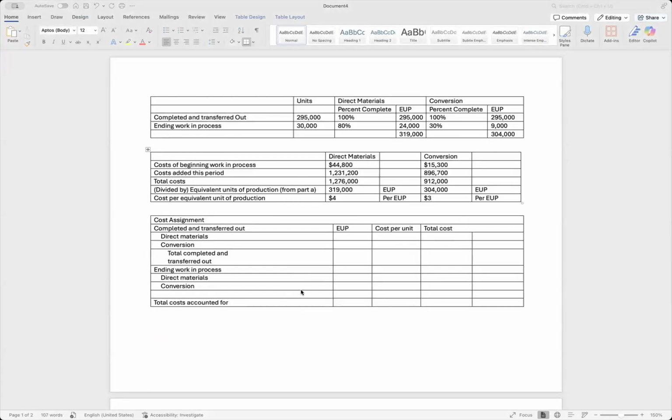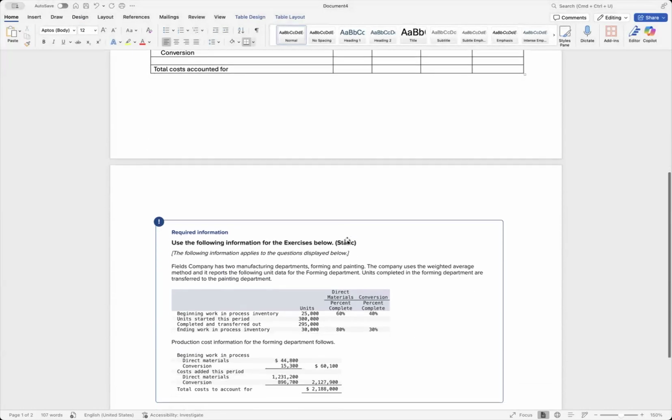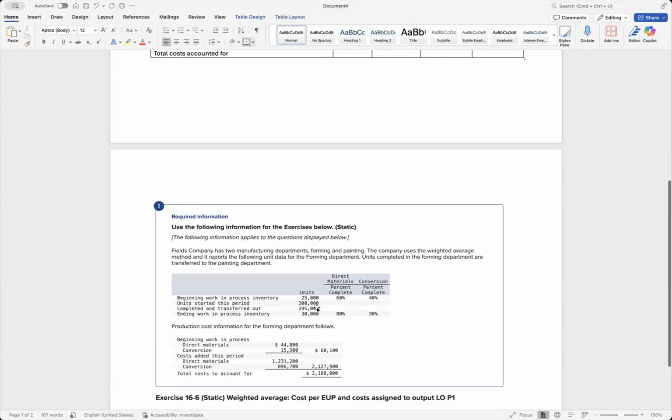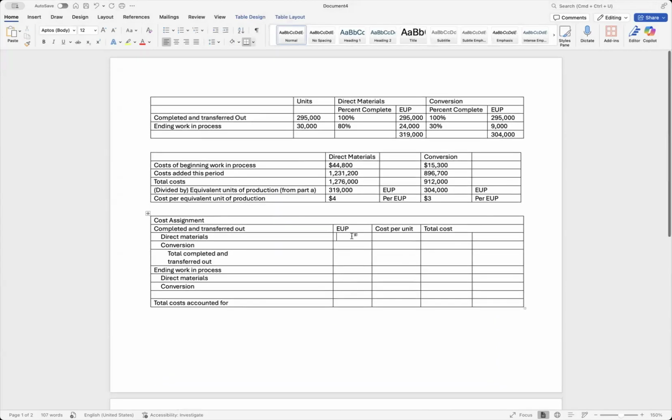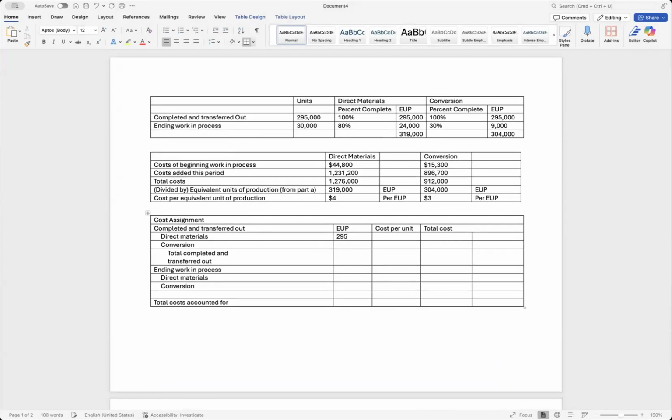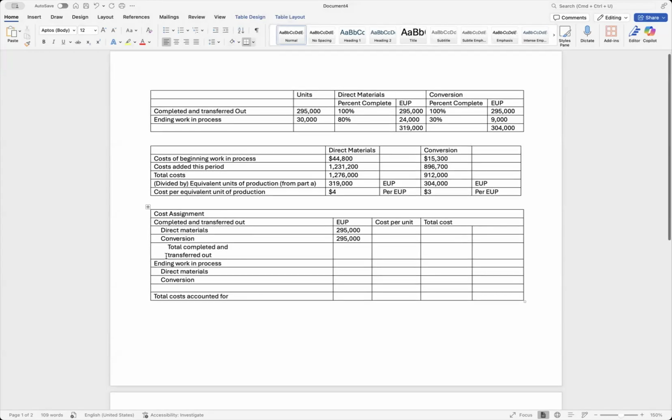So I know that my completed and transferred out for direct materials was how many? It was 295, right? Completed and transferred out, 295. I'm going to put 295,000 here. And my completed and transferred out for conversion was also 295, because those are the number of units that I completed and transferred out during the period.